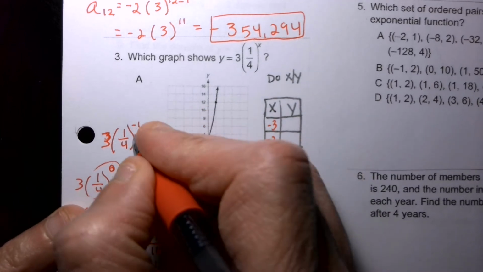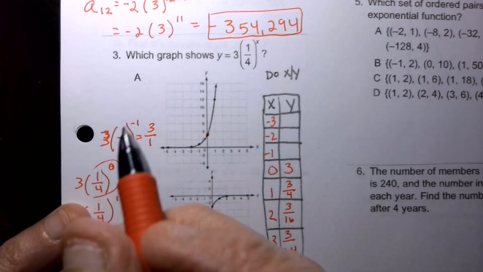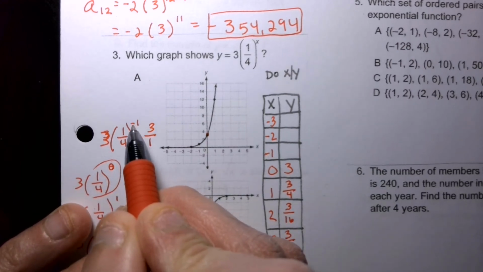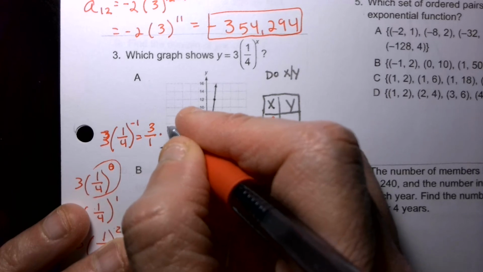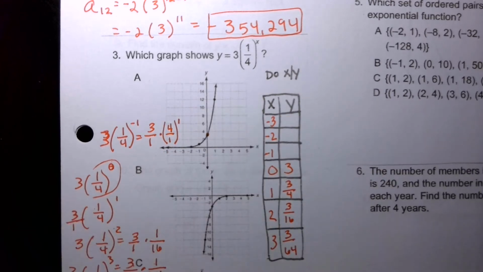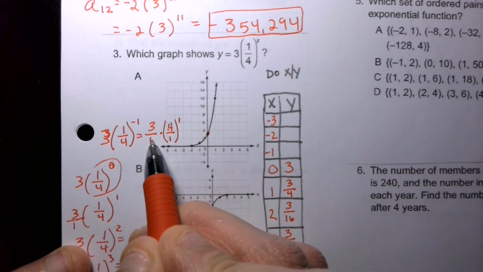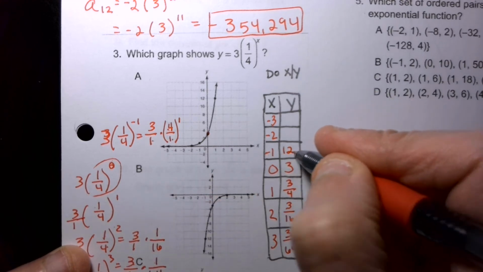Very good. So you have 3 over 1. I'm going to write it as a fraction. That didn't change. But to make this a positive 1, I flip this. Now it's a positive 1. And it's just the same because you're raising it to the first power. So 3 times 4 is 12 over 1, which is 12.